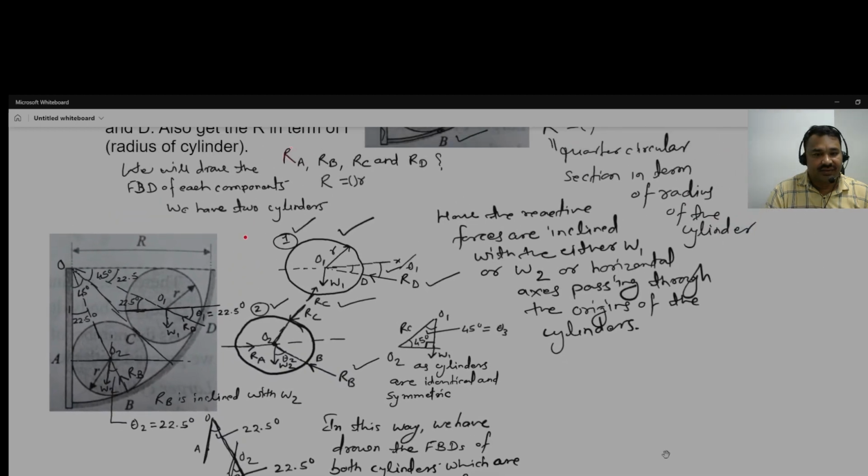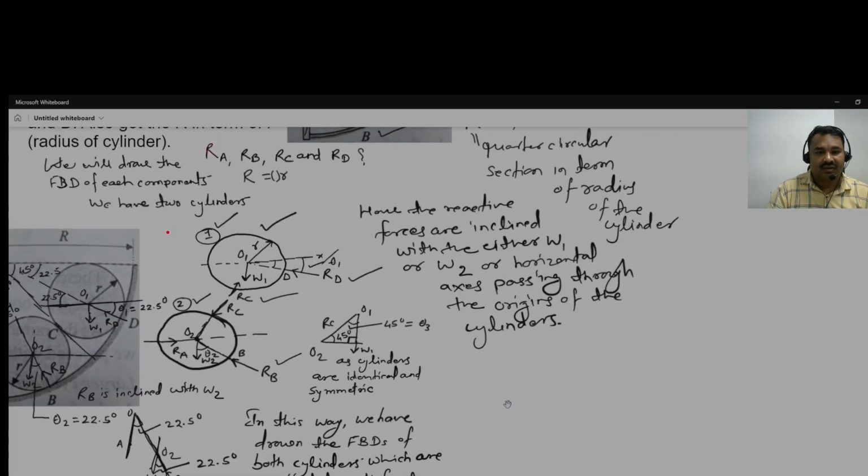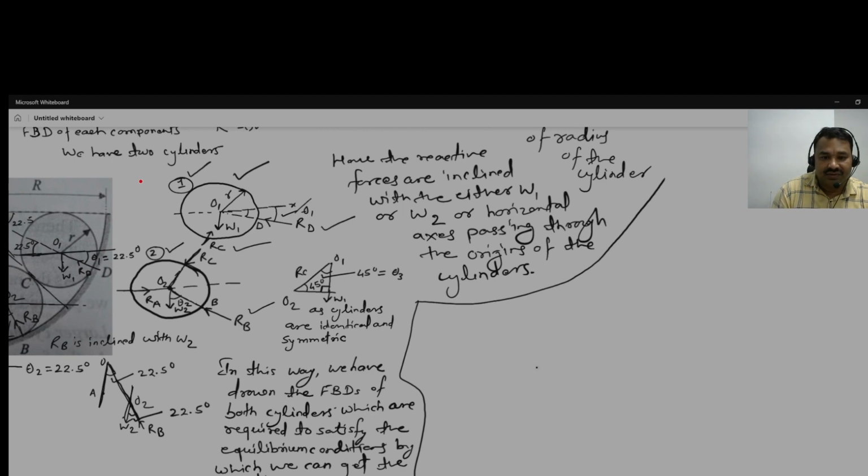Referring to both the cylinders, now our purpose is to satisfy the equilibrium conditions.